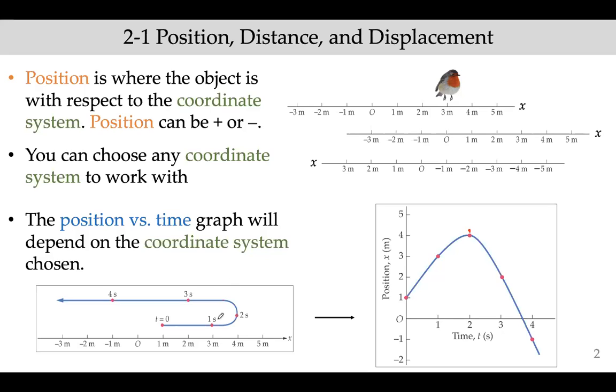The positions here are positive numbers, but the object is now going in the negative direction. At some point it crosses 1 meter and then 0. So it's at 0 at this point, and then it goes to -1. So this point is -1.